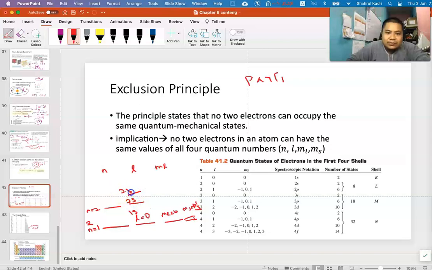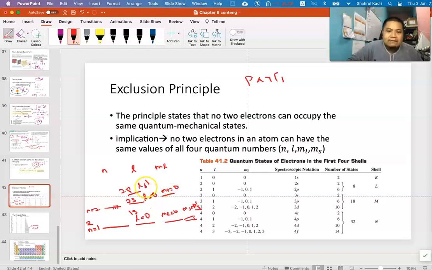One is the 2s state and one is the 2p state. So this is L equal to 1, this is L equal to 0. Sorry, you cannot say it like this. So L equal to 0 can have only ML equal to 0.